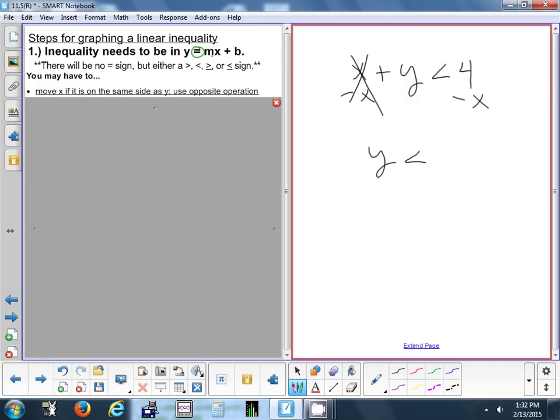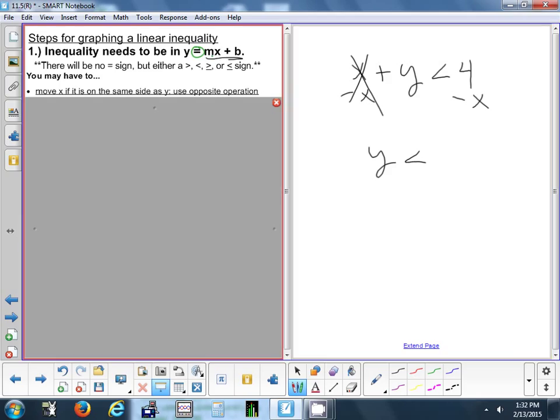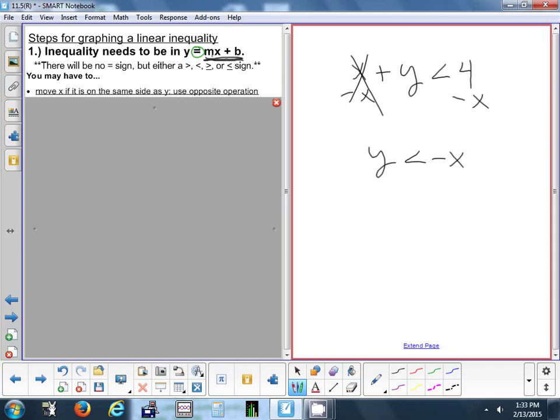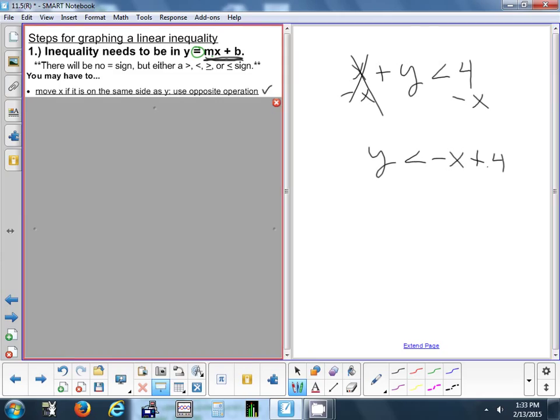And who can tell me how I should write it on this side? You want to get it so it looks like that. So what has to come first? Okay, and what kind of x is it? Positive or negative? It's a negative x. What else do we have? What kind of 4? Positive. This is how you do that step right there, if you had to. Just move x to the other side.